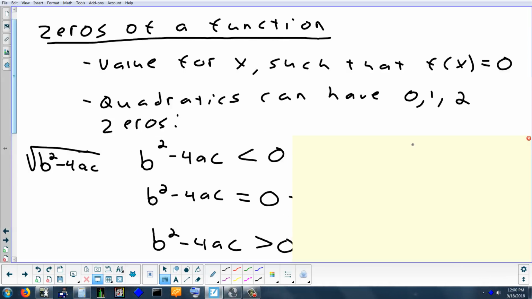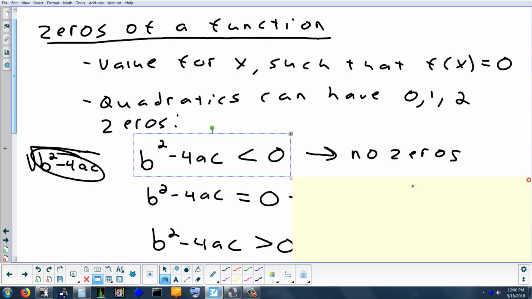Okay, let's look at the first case, where it's less than 0. That means this would be negative. What happens if you try to take the square root of a negative? It doesn't work. It doesn't work with real numbers. You get imaginary numbers. That means there is no place where it crosses the x-axis. That would look like this. Never crosses the x-axis.